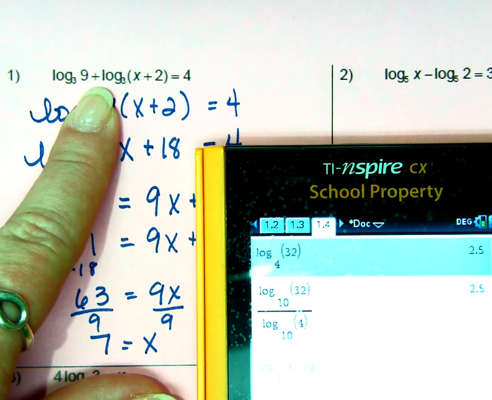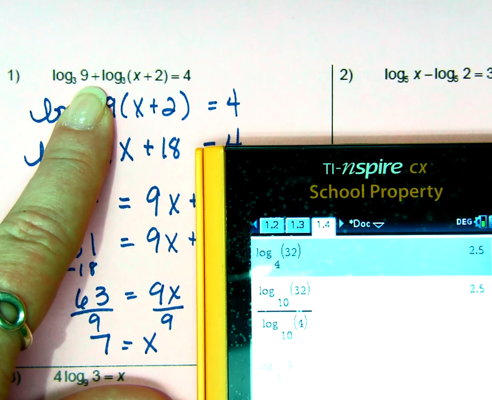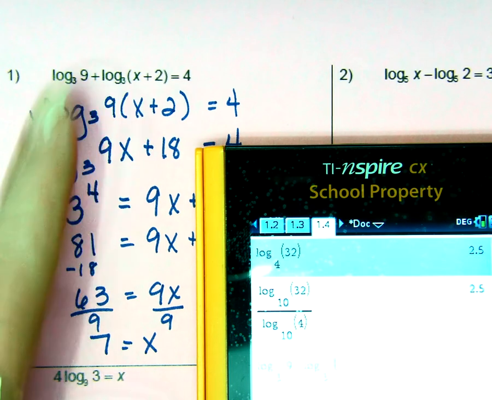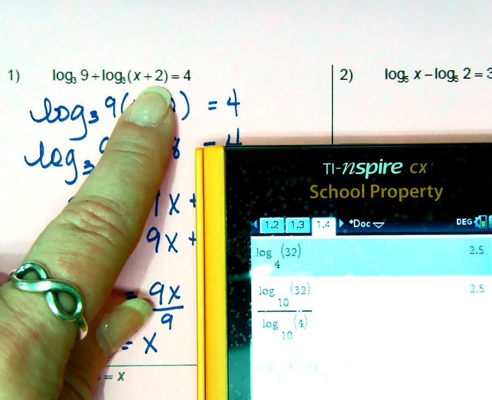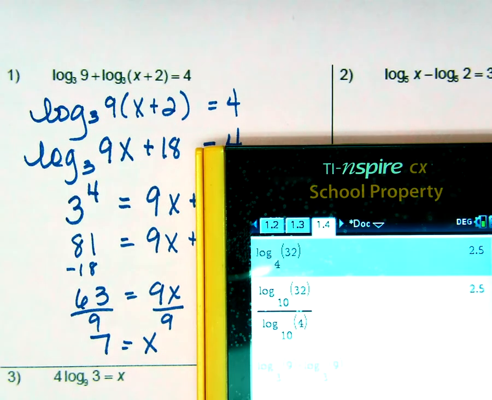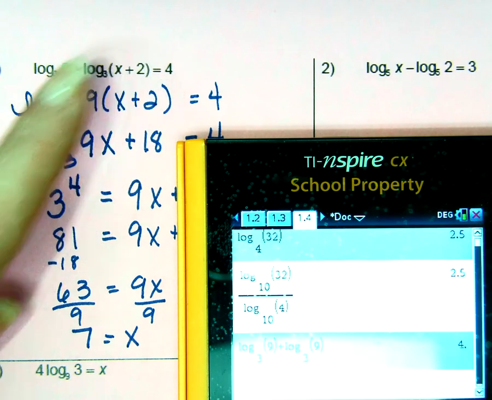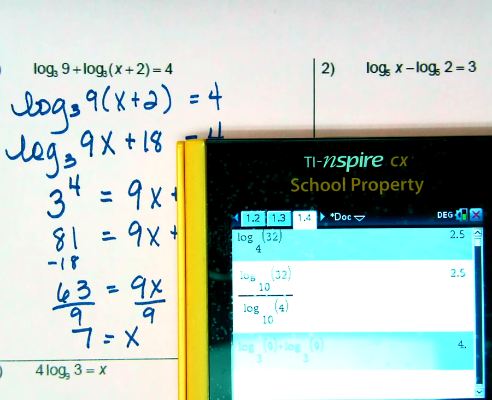Oh no. This is what I hate about this part. I always press the wrong things in. Then put an arrow. Plus log base 3 of, I got a 7, so 7 plus 2 is 9, right? What should this equal when I hit enter? 4. Haha! It's right.